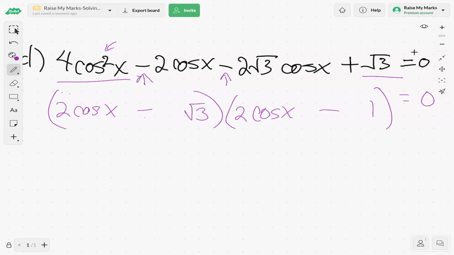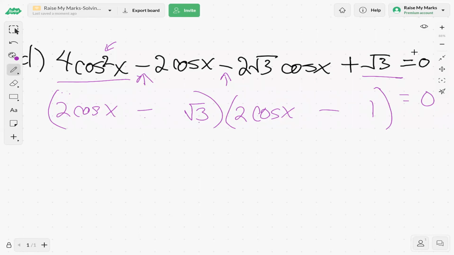So I'm betting we have negatives in front of the root 3. So let's quickly do a check. 2 cos x times 2 cos x gives us 4 cos squared x. 2 cos x times negative 1 is negative 2 cos x. Negative root 3 times 2 cos x is negative 2 root 3 cos x. And negative root 3 times negative 1 is positive root 3. So we're correct.